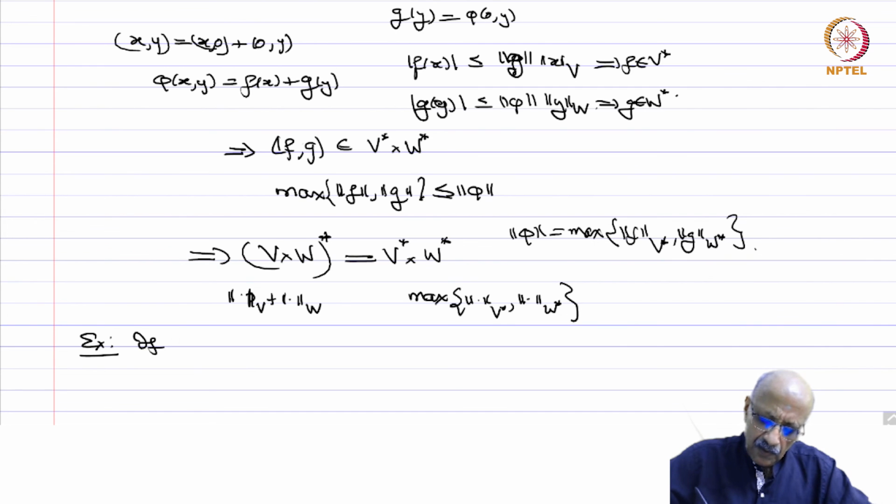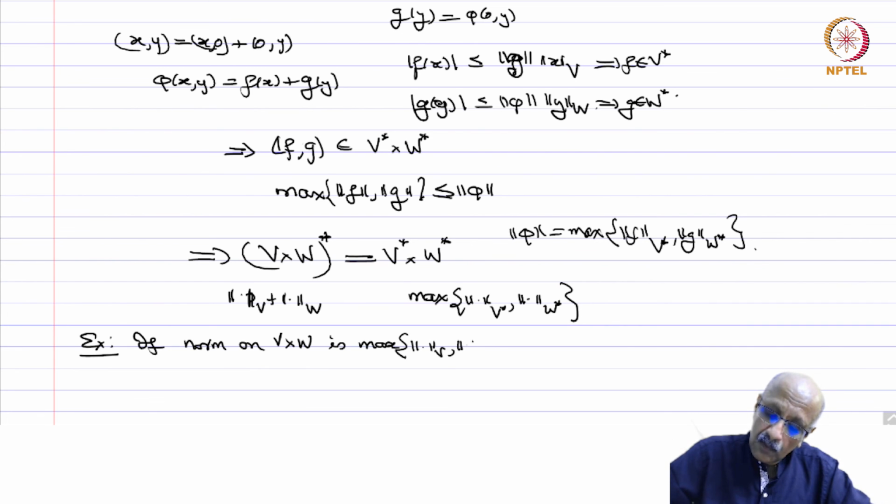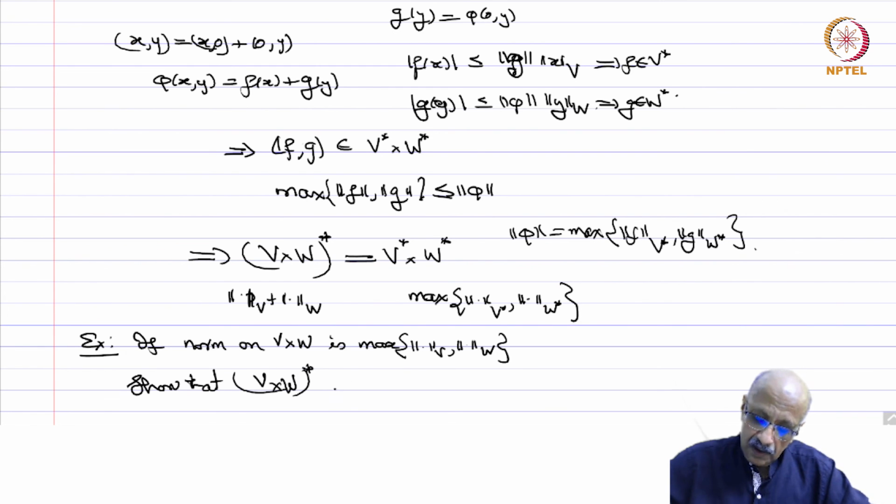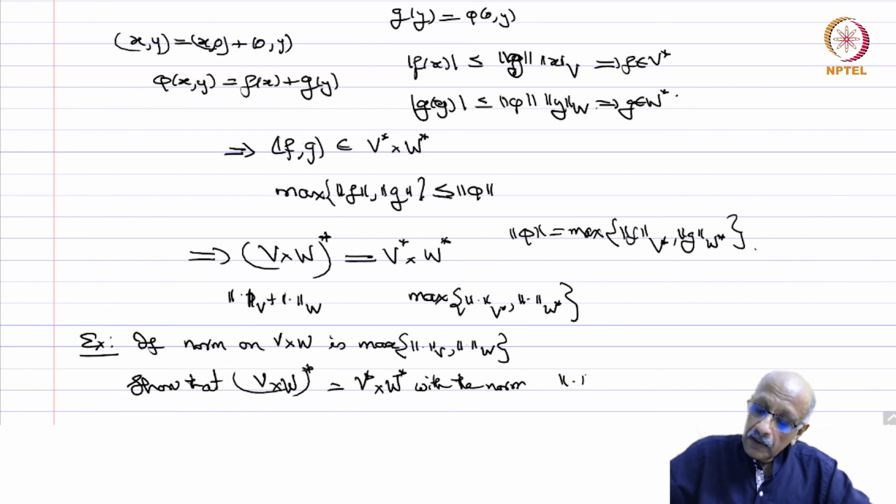So as an exercise, if the norm on V cross W is max of norm V, norm W, show that the dual of V cross W equals V star cross W star with the norm norm V star plus norm W star.